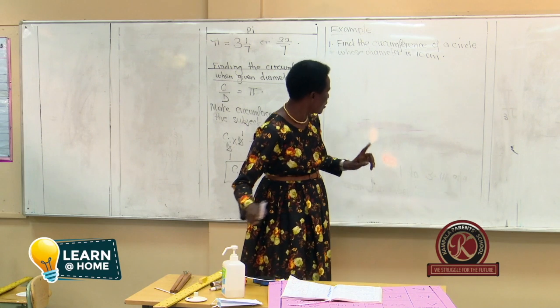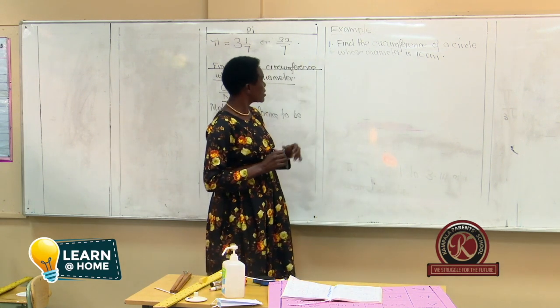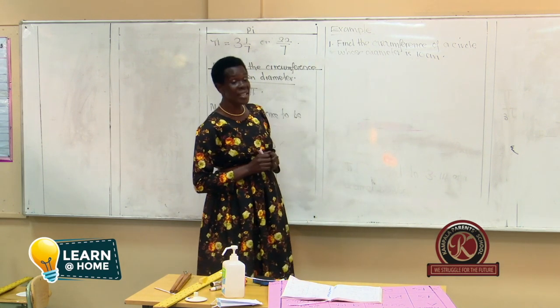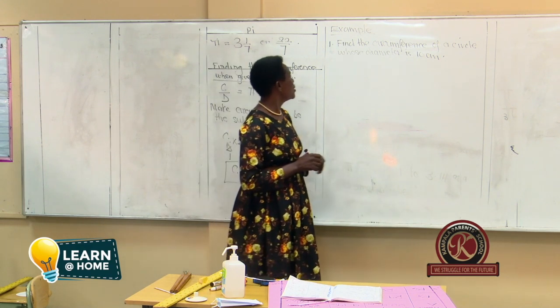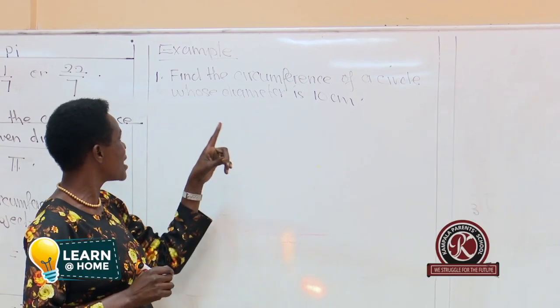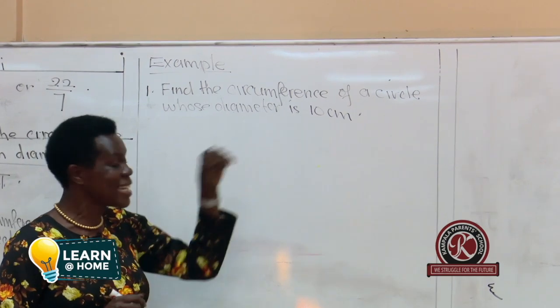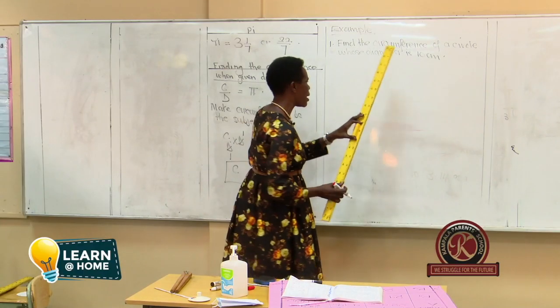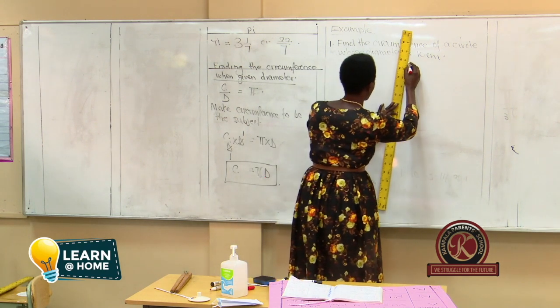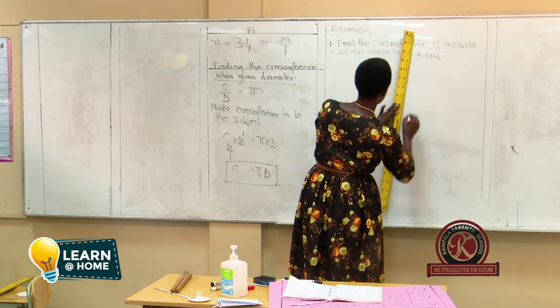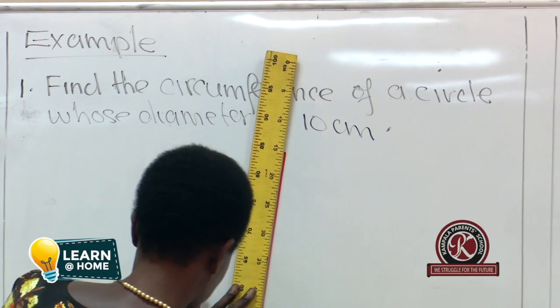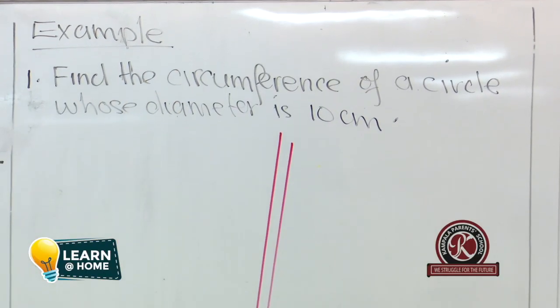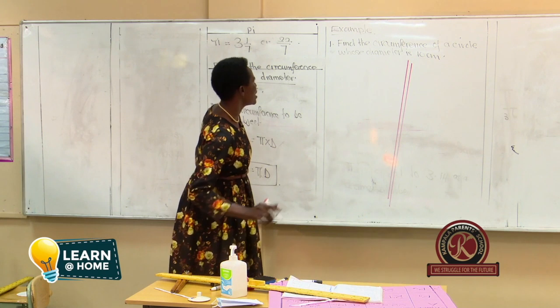So before we went for the word for the rest, there was a number I had given you. It is already on the board. Find the circumference of a circle whose diameter is 10 centimeters. I've always told you that when you find a number where you are not sure of where it is going to end, draw this line so that you move with it that side. So what are we going to do?